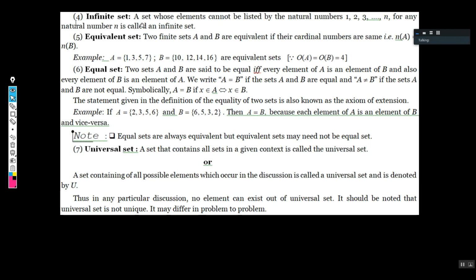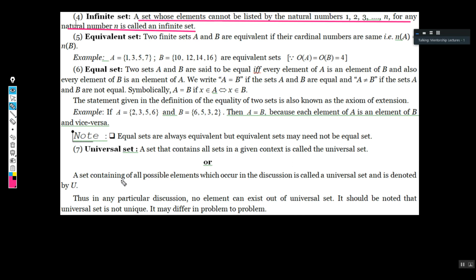Next, infinite set. A set whose elements cannot be listed out by the natural numbers 1, 2, 3, and so on, for any natural number n, is called an infinite set.